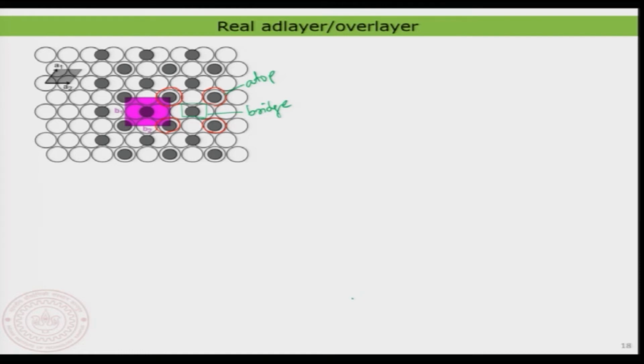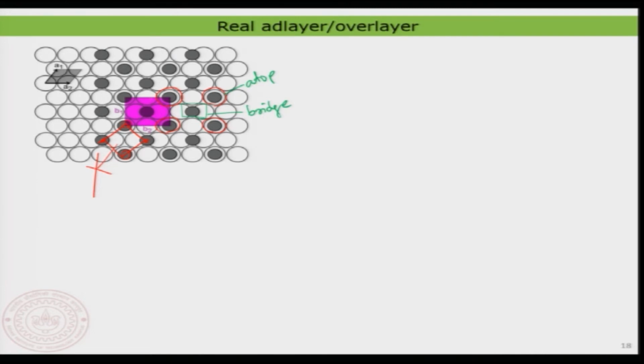Something you have to keep in mind here particularly is that when I want to define the unit cell of this particular case, it is not possible to represent it using this type of unit cell, because these atoms here are not the same as these atoms. You understand? So, this cannot be used as a representation for the Adlayer unit cell.